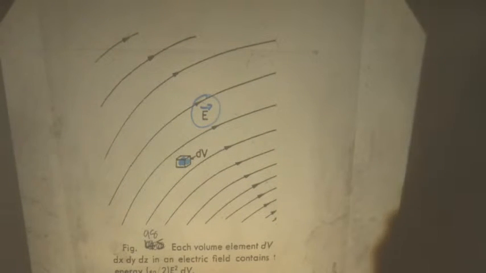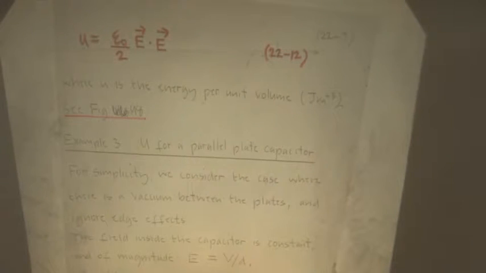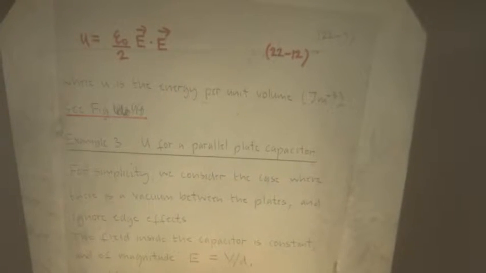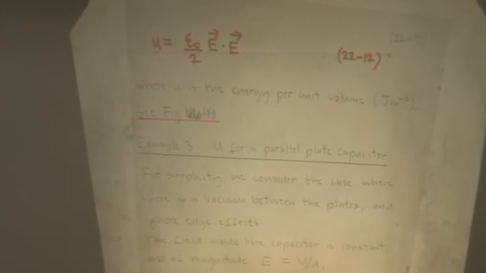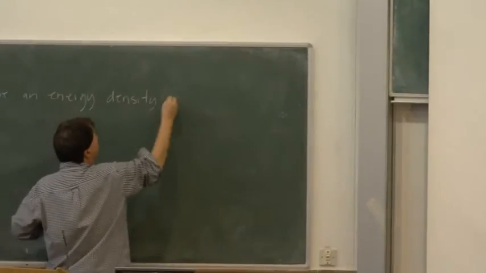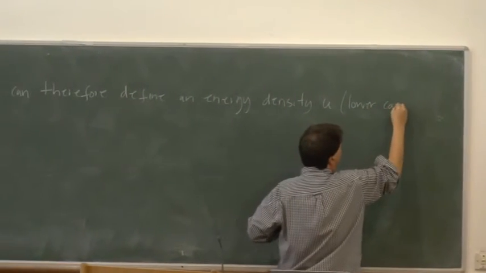And so this is a very big step forward. Again, I'll use this board, just go to this side for a moment. We can therefore define an energy density u, and I'll just emphasize, just this one time, lowercase u.